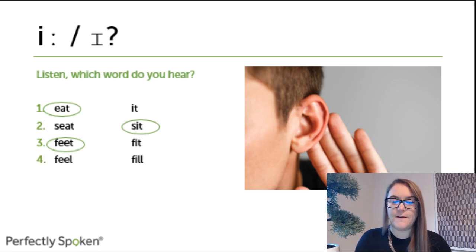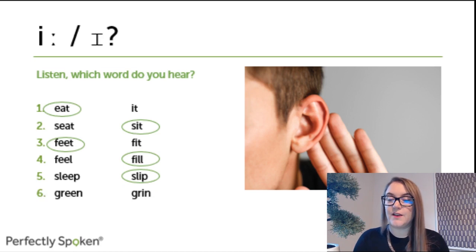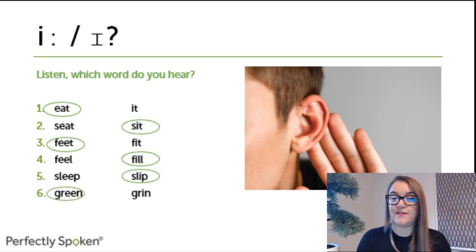Number 4, fill, fill. Number 5, slip, slip. And number 6, green, green. Again, the longer sound there.